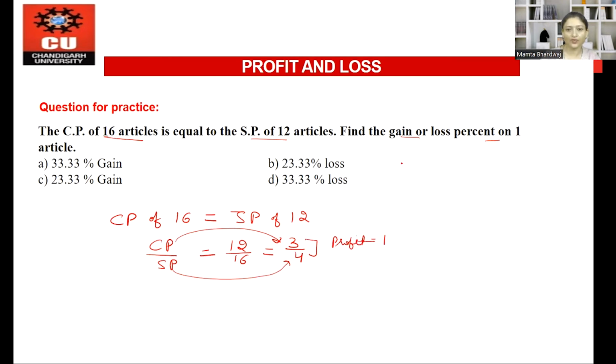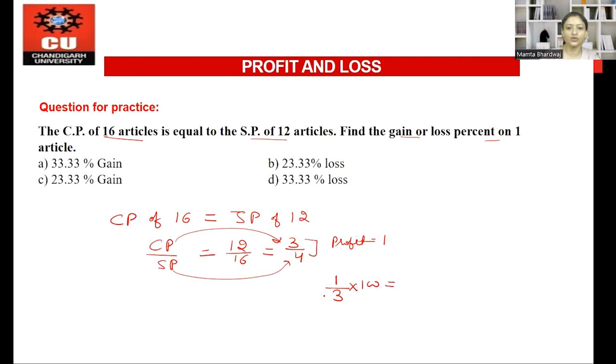And we have to find out either the gain or loss. As we know, there is a profit of rupees 1, and profit or loss is always calculated on the cost price. So the cost price is 3 and there is a profit of rupees 1. So how much percent is this?